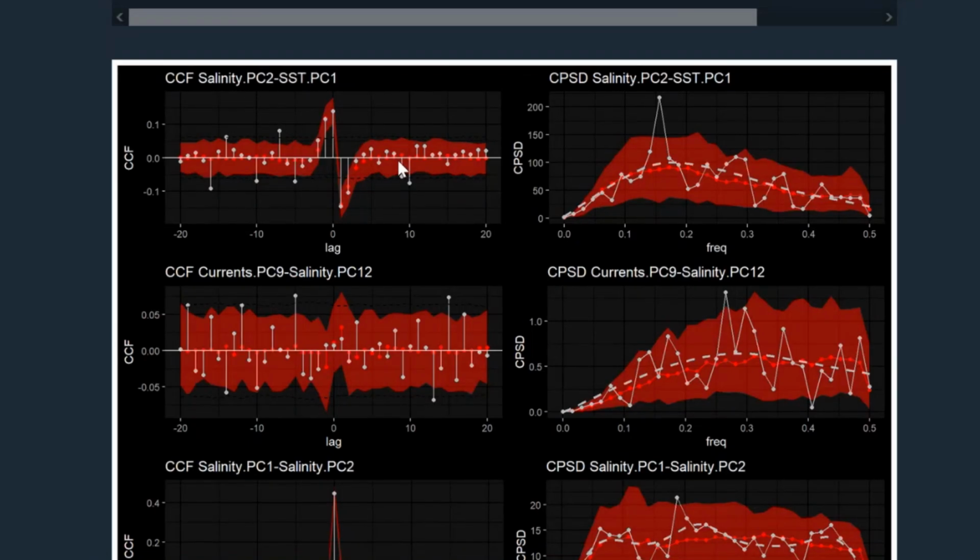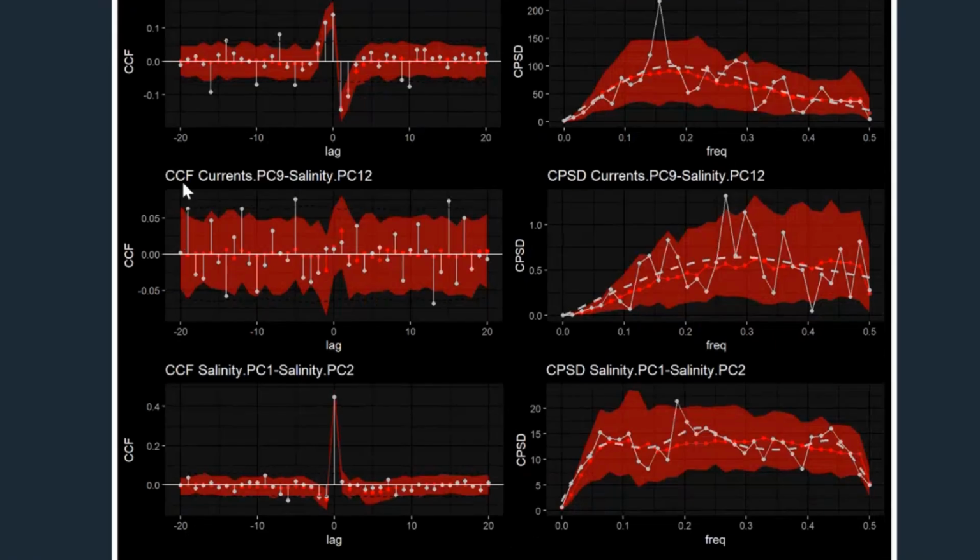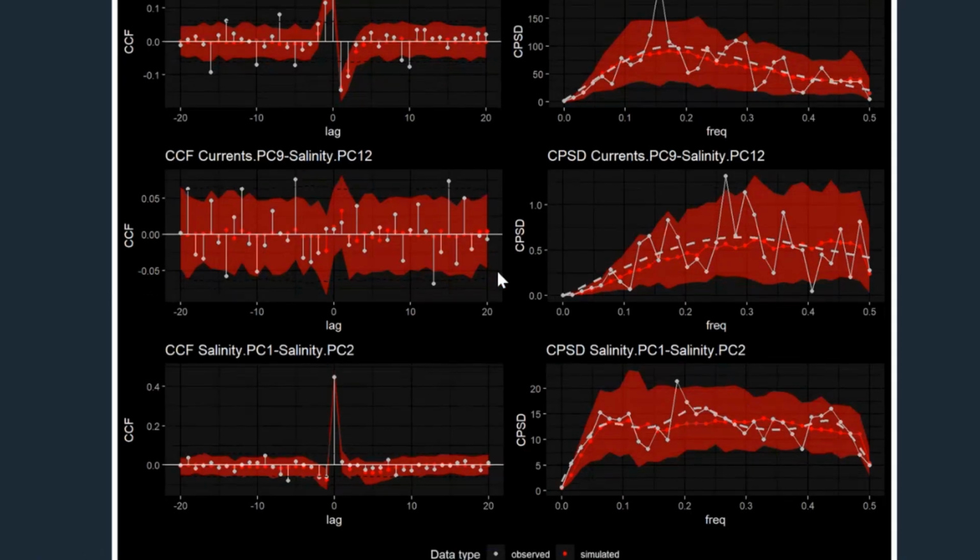They have quite a unique cross correlation function, which is very well matched also with the simulated data and with the cross spectral density. Here, the currents PC9 and the salinity PC12 do not have much in common because the cross correlation function is rather flat, but it's also correctly integrated in the model.